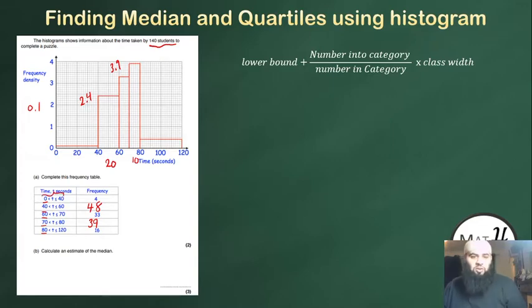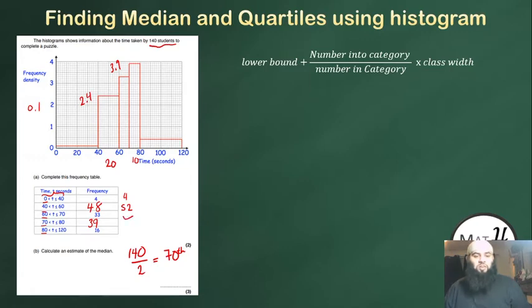Okay, so the first question says calculate the estimate of the median. We know that there are 140 students. To find the median number, we do 140 divided by 2. That's the 70th number. Okay, so this number is 4. When you add on this one, this is the 52nd number. And so the 70th, which is the median number, should be in this category over here.